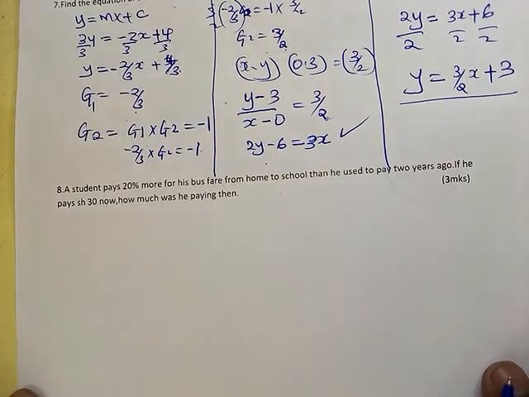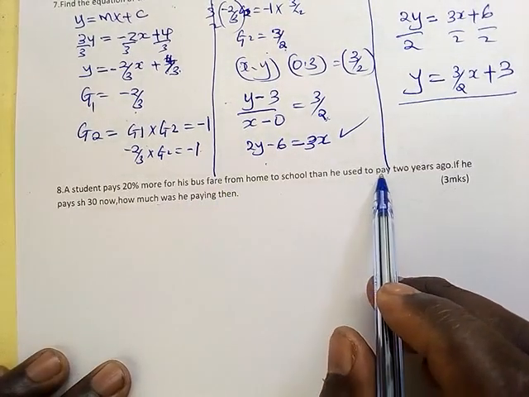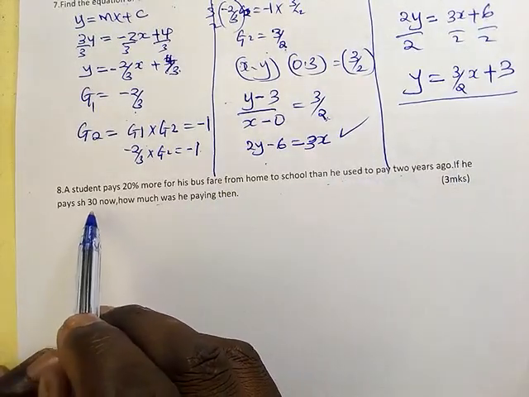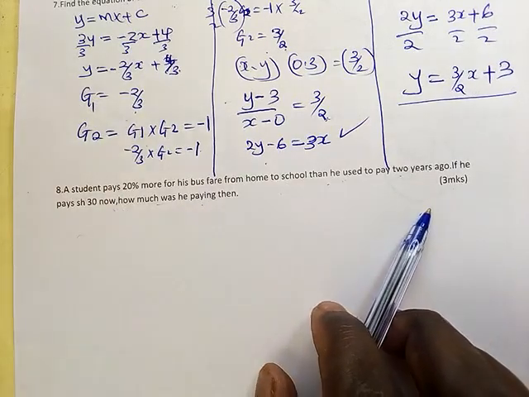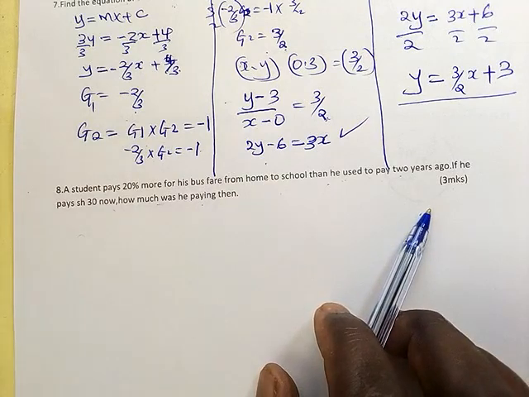A student pays 20% more for his bus fare from home to school than he used to pay 2 years ago. If he pays 30 shillings now, how much was he paying then? So the student is paying 20% more now.